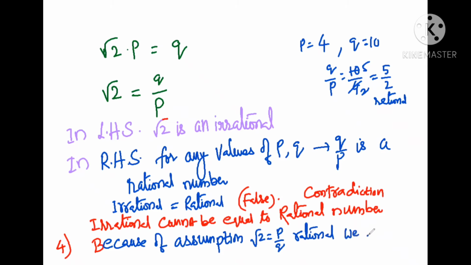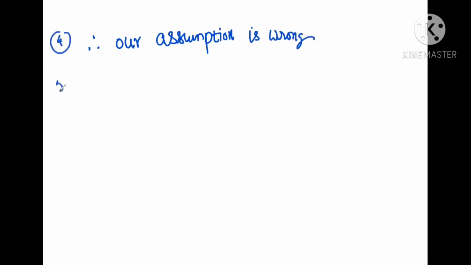We reach contradiction. Therefore, assumption is wrong. Our assumption is wrong. So then what is right? This is the fourth step. Fifth step.